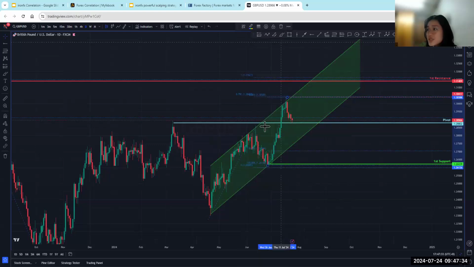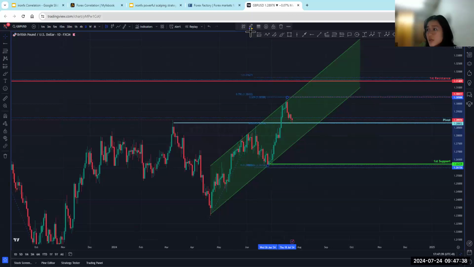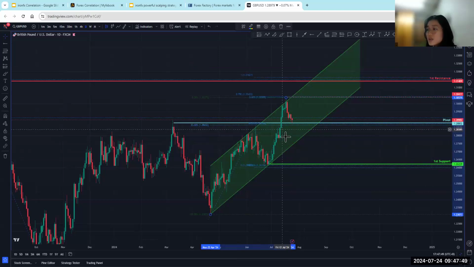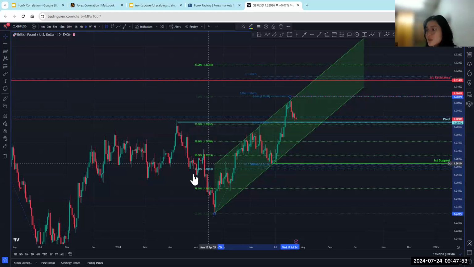Here I'm looking for a retracement. My 38.2 lines up nicely. Again, another retracement here. My 23.6 lines up nicely as well.